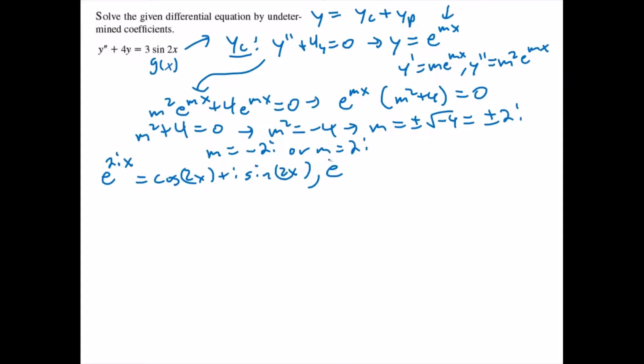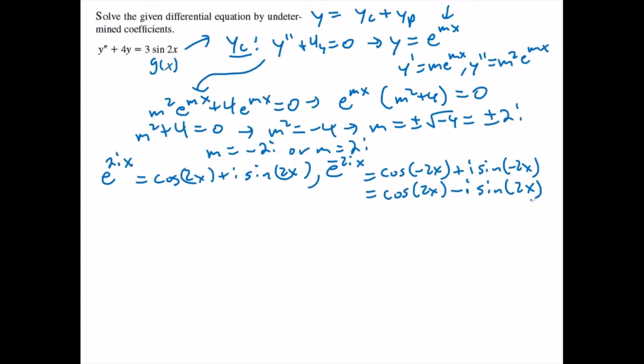And then e to the minus 2ix, that will be the cosine of negative 2x plus i times the sine of negative 2x. And so then that's going to be, because cosine is even and sine is odd, equal to the cosine of 2x minus i times the sine of 2x.